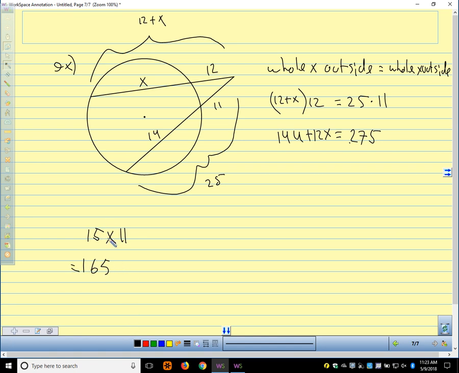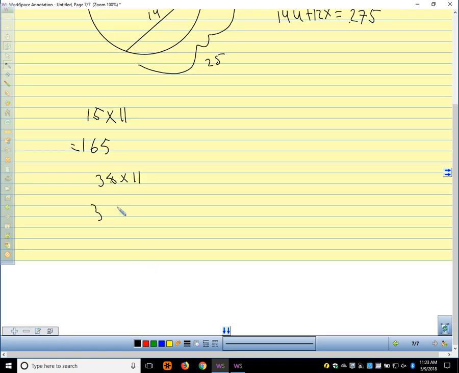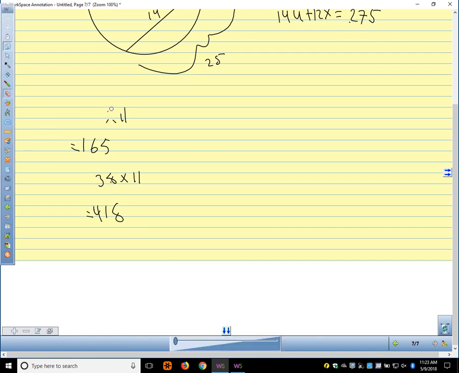If it comes out to be bigger than 10, I'll do 38 times 11. So you separate them, 3 and the 8. Add these two together, 3 and 8 is 11, but I have to carry the 1. So 418. It's a pretty nice little trick to remember for multiplying by 11.